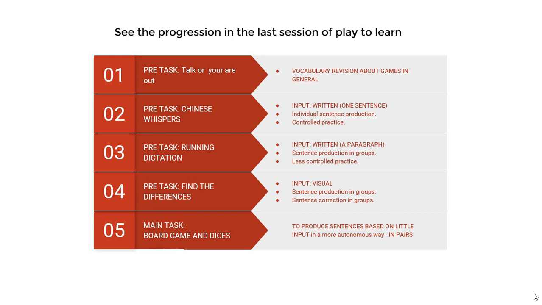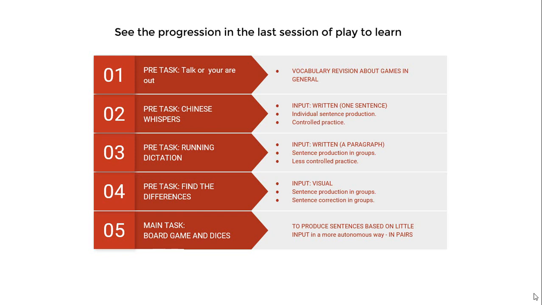If you check yes, point number 5, that was my main task. So I wanted my students to be able to play a board game on their own in a more autonomous way, in pairs. So I designed 4 tasks to help them get there.